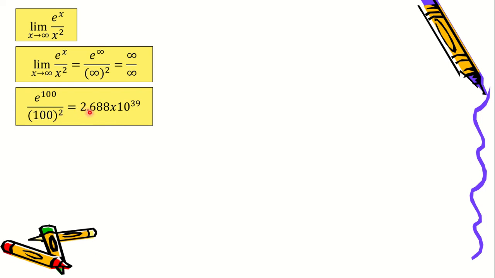So it's 2.688 times 10 raised to 39. So direct substitution is just like your fallback method. Anytime you're having difficulty finding the answer, this technique will always work. So if you plug this in, this large number represents infinity. So infinity is the answer.